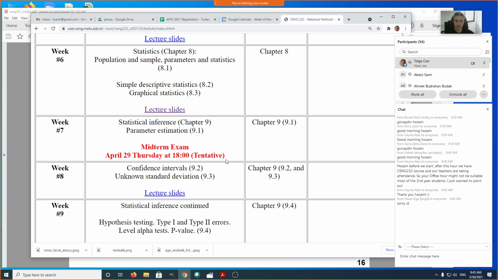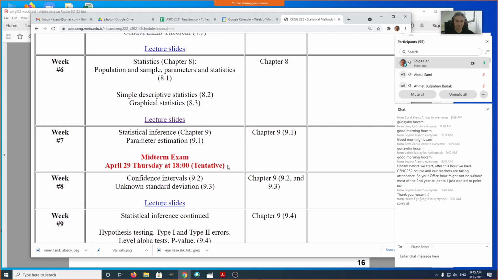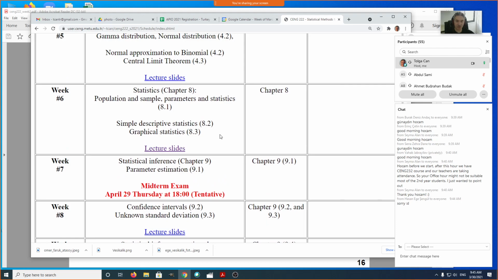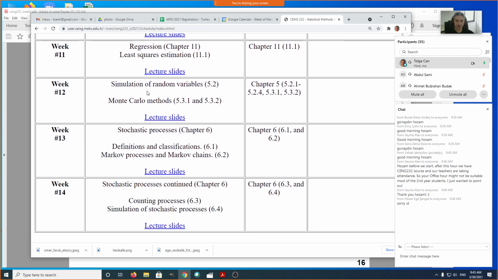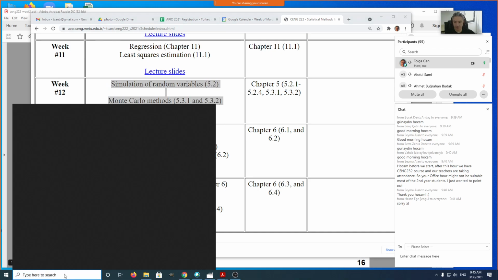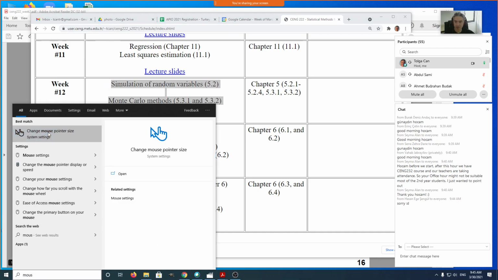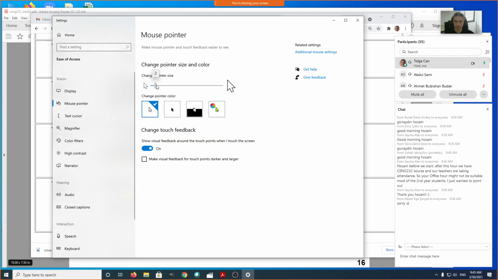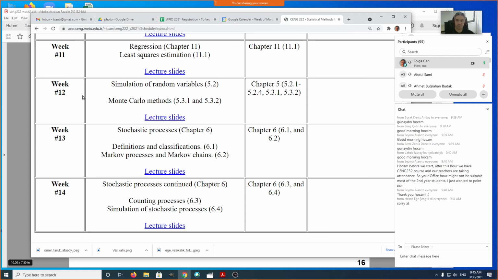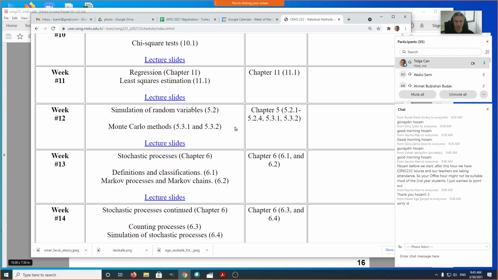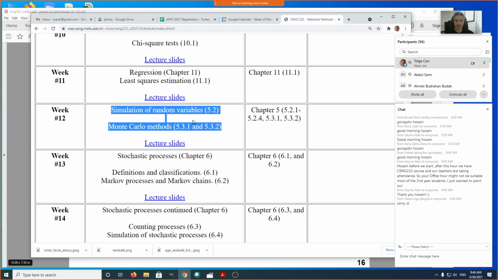Also, in order to be synchronous with the other classes, I made a small modification to the schedule, which is chapter 5, the simulation of random variables. It was actually right after chapter 4 in my schedule, but in the syllabus it was at the end of the semester, and the other 2 sections are also doing it like that. So I moved it from week 6 to week 12, the simulation of random variables, the Monte Carlo methods. We are going to see chapters 5 and 6.